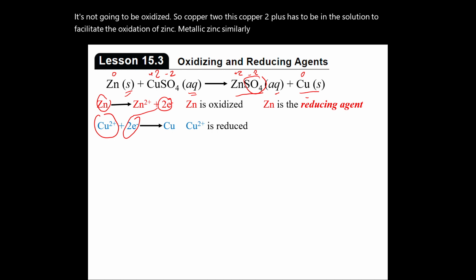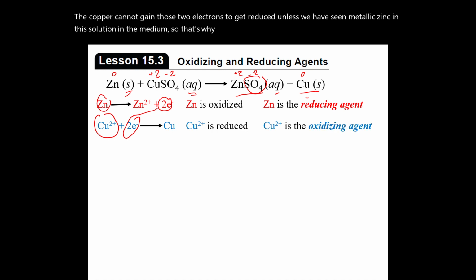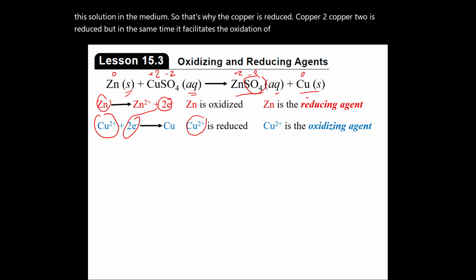Similarly, the copper cannot gain those 2 electrons to get reduced unless we have metallic zinc in the solution, in the medium. So that's why copper 2+ is reduced, but at the same time it facilitates the oxidation of metallic zinc.